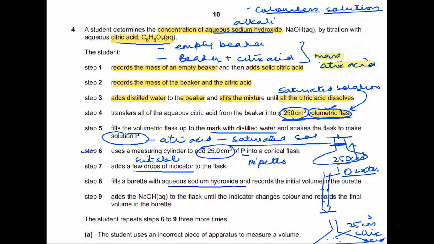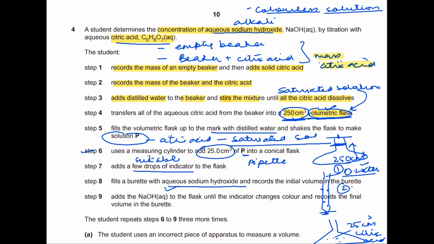So the first washing is with distilled water, and secondly, in order to remove these water drops, we wash the whole burette again with the chemical we are supposed to fill it with. So whatever NaOH you're going to fill in it, you add NaOH and let that NaOH run out into the sink.